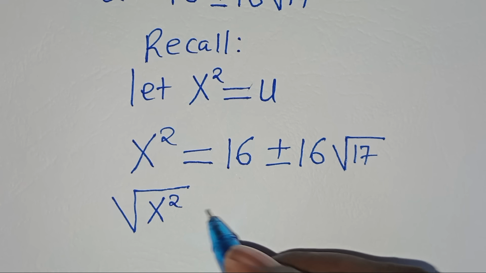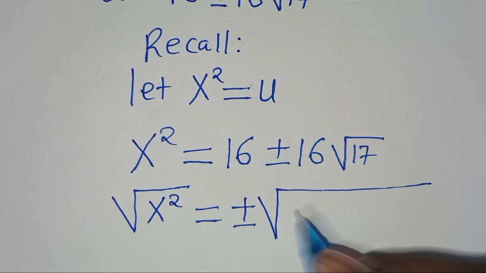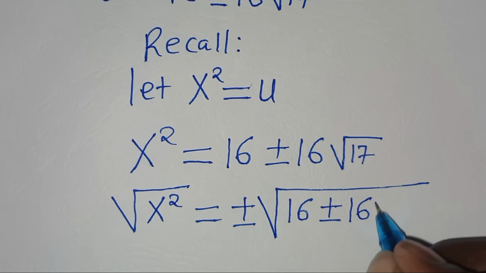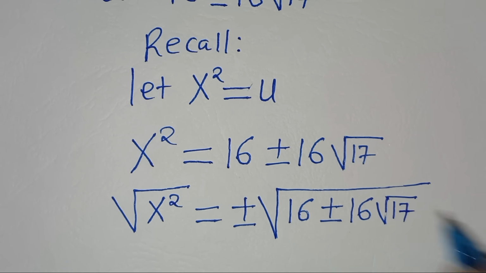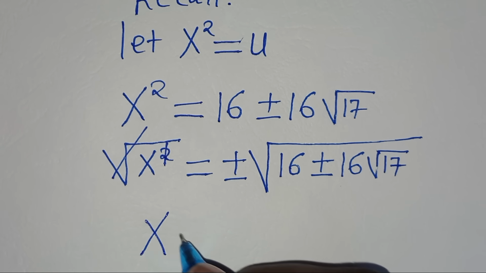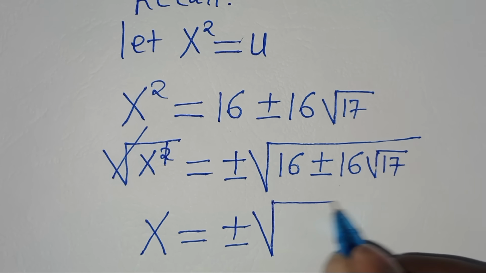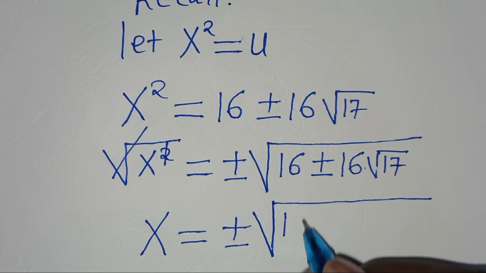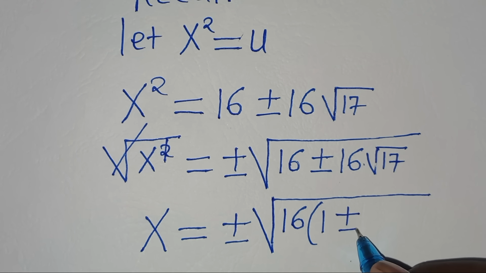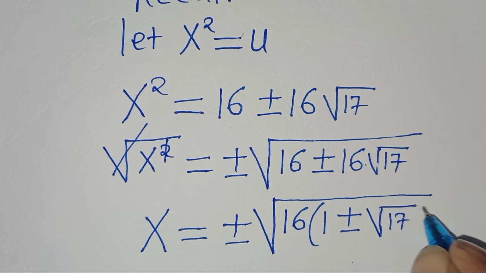We have the square root of x squared equal to plus or minus the square root of 16 plus or minus 16 root 17. Now, let's eliminate the square root sign here, so that now x is equal to plus or minus the square root of 16, which is common here, so let's factor out 16 into the parentheses, 1 plus or minus root 17.